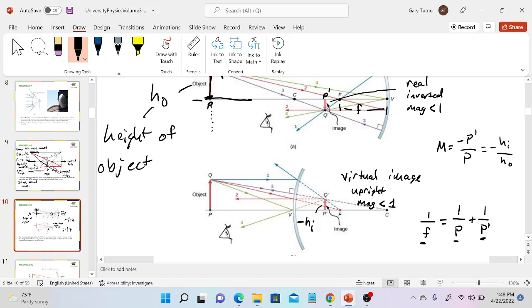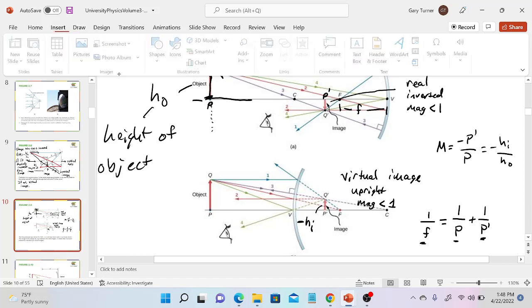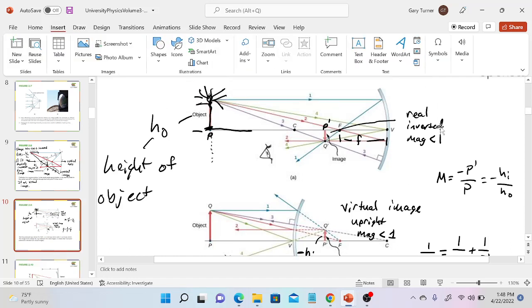So what actually happens when you're further from the center point, you're generally going to get, for concave mirrors, real, inverted, and reduced magnification.